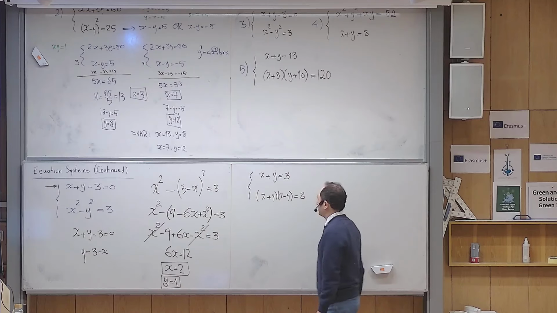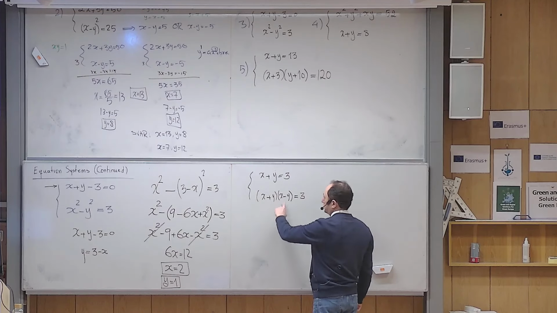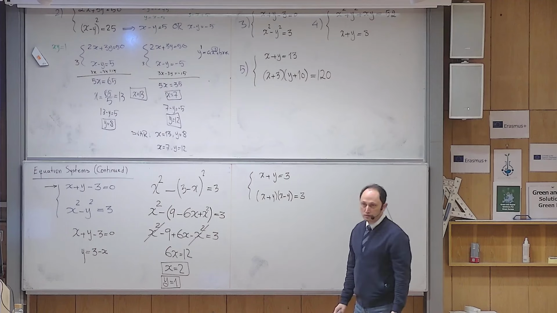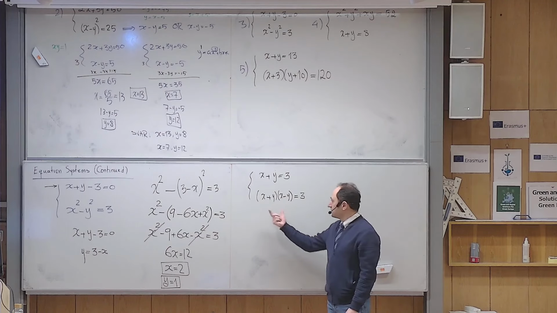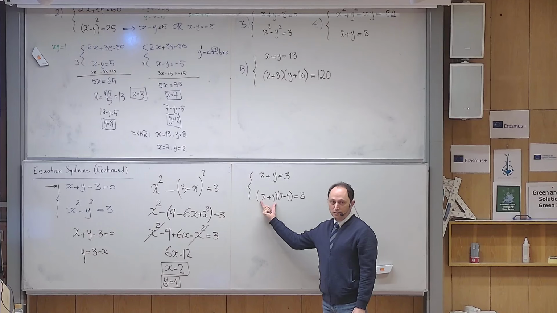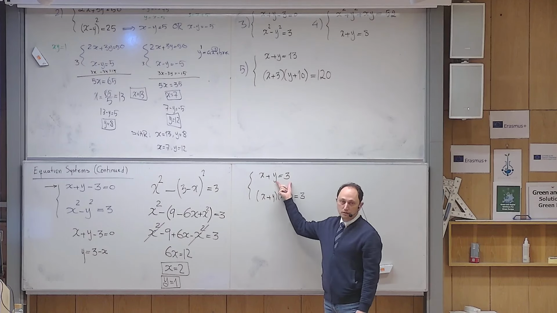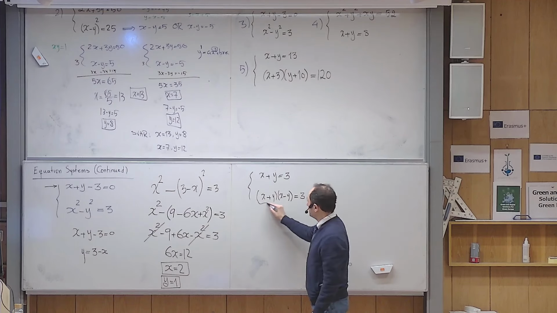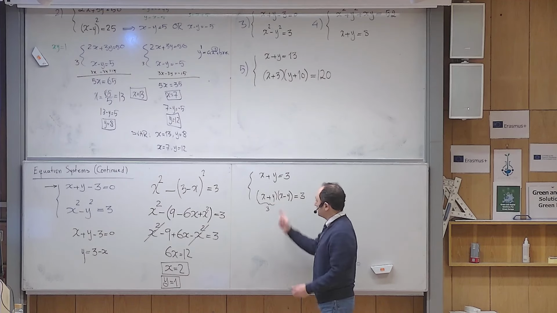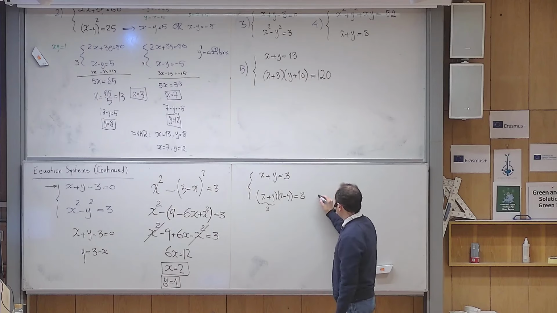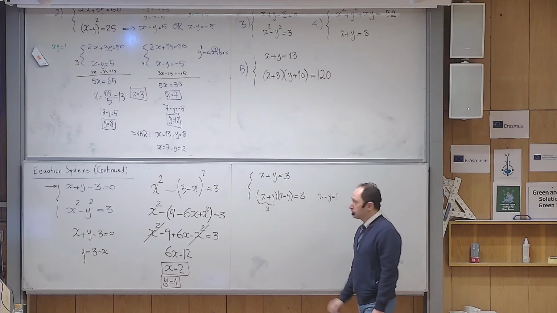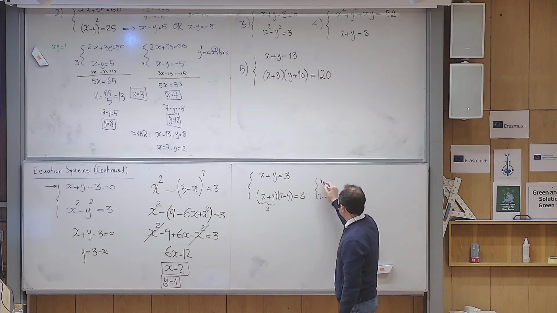Do you agree? Instead of x squared minus y squared, I wrote this. Why do you think this is useful? Because accidentally x plus y is given to me to be 3. So I put the 3 here. And then I divide by 3. I get x minus y is equal to 1. Yes? And then I have x plus y equals 3.